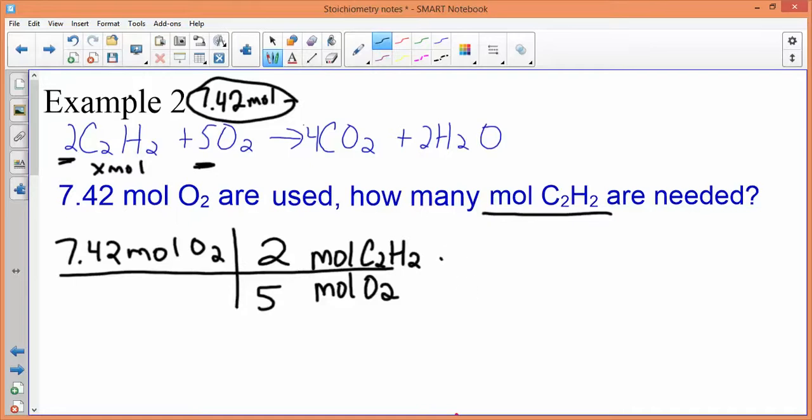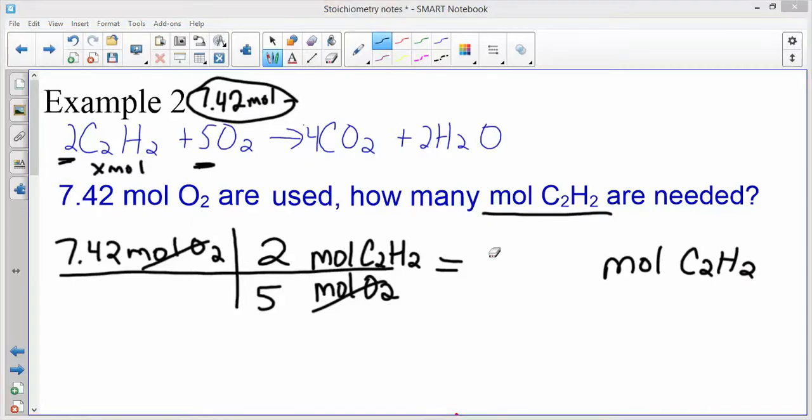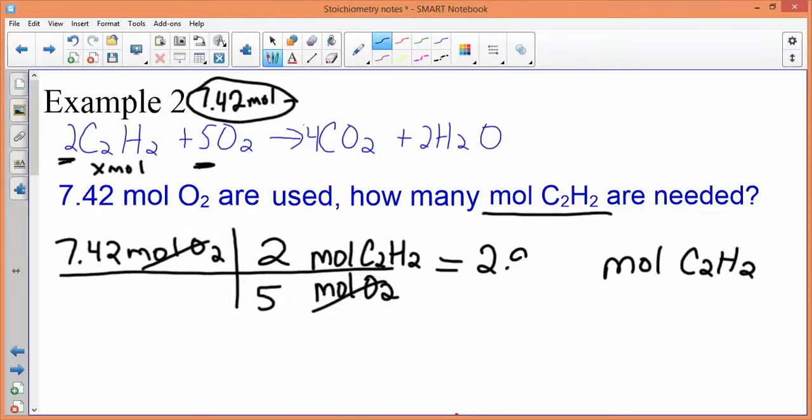Moles of O2 cancel. All of your units should cancel except for the unit that's asked for in the problem. Then you just do the math: 7.42 times 2 divided by 5. And that answer will be in moles C2H2: 6.168 moles of C2H2.